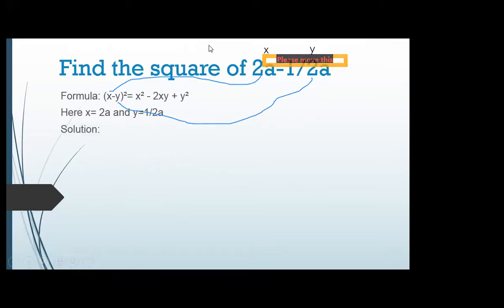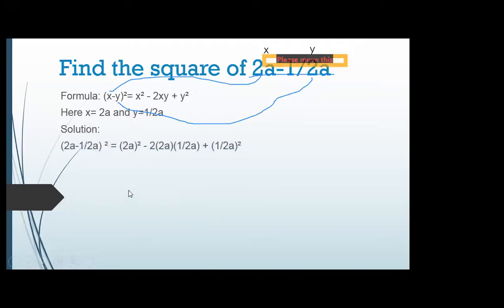In the solution, first we have to copy down the question, and then we have to put a square over it. So here we get the question with the square. Now what we get, students? First term square, minus 2 first term into second term, plus (1 over 2a) whole square.